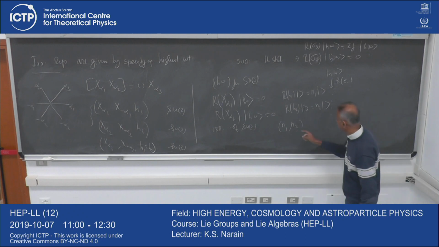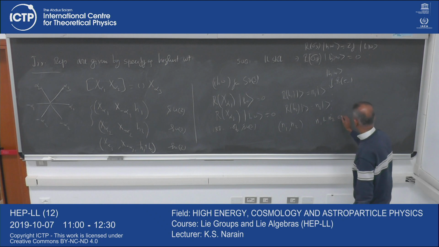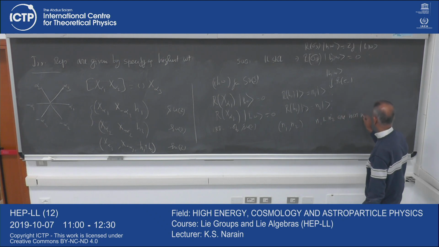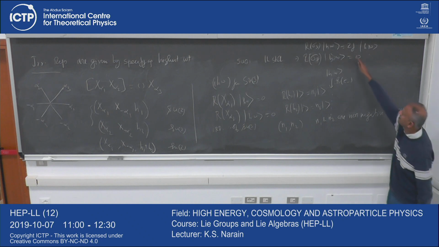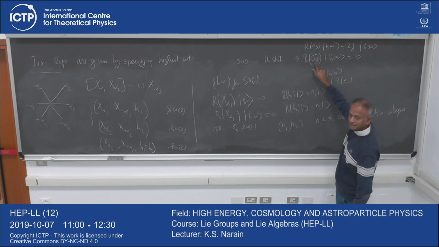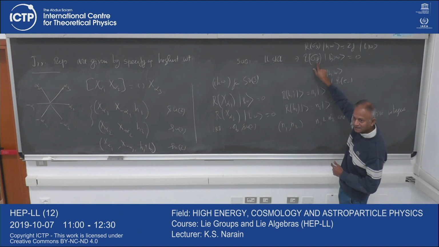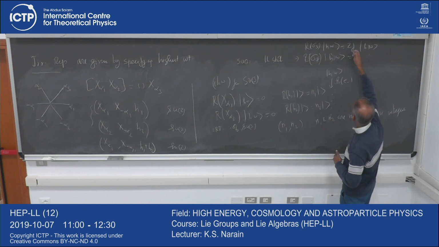These integers are non-negative. So N1 and N2 are non-negative integers. See, they cannot be negative, just like here. This cannot be negative, right? Because we are looking at the raising operator here. If we had used the lowering operator, sigma minus, then this would not be 2j, it would be minus 2j.